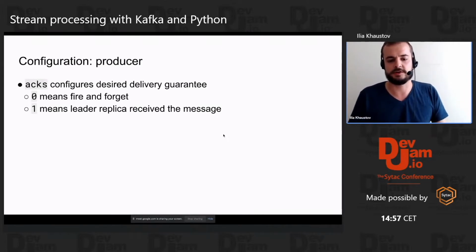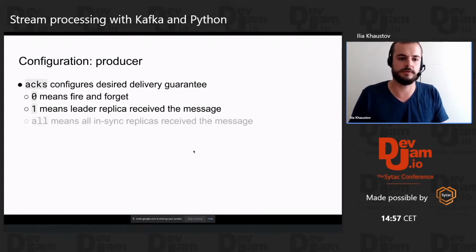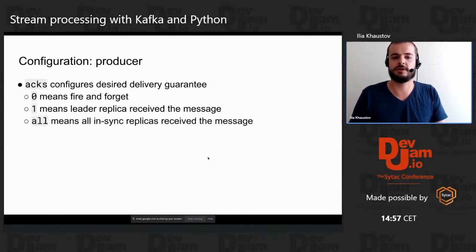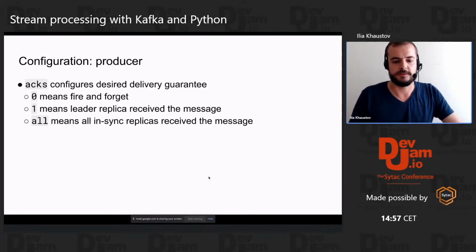So once one broker received it and it's okay, you say, okay, I'm fine. That was the default in Kafka 2, but in Kafka 3, they made the default all, which means that all in-sync replicas receive the messages. So it's the most reliable way of producing the message. You can be sure that it will never be lost. By the way, Kafka 3 was released just last week or something. So you see, we still talk about new things.